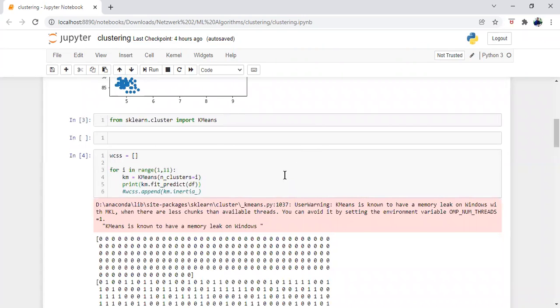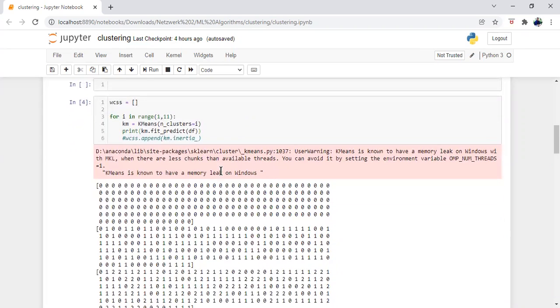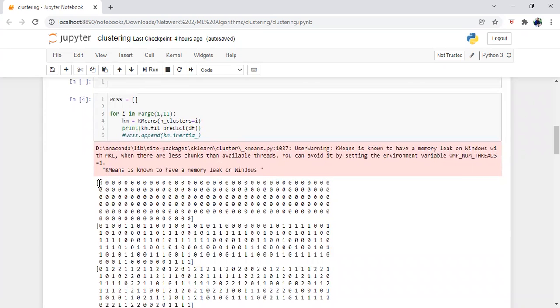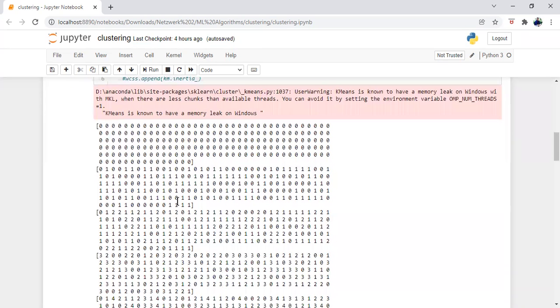I'm importing the k-means algorithm, and here I am using a for loop, so it gives me the number of clusters when I divide the whole data set into that many clusters, and which observation is from which cluster.